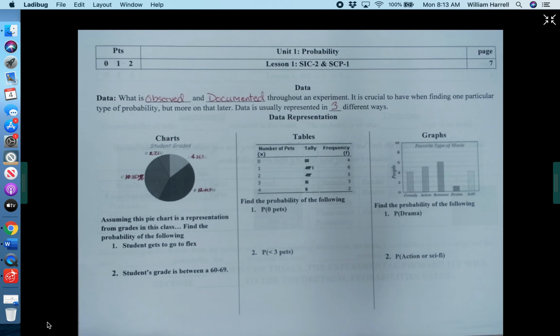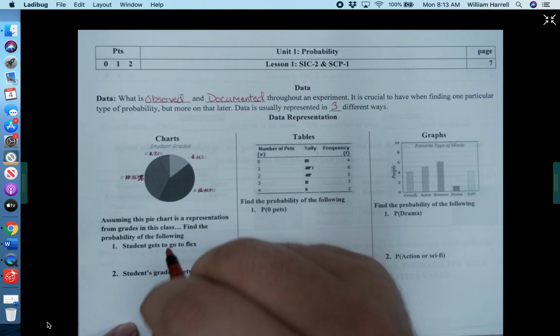So a student gets to go to Flex, and then a student's grade is between a 60 to 69. What makes some probability questions hard is you have to know just a little bit about things that aren't given to you. So, for example, you know you get to go to Flex if you have a B. Okay?